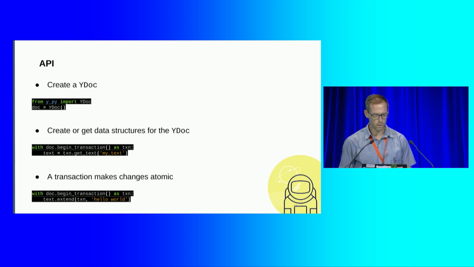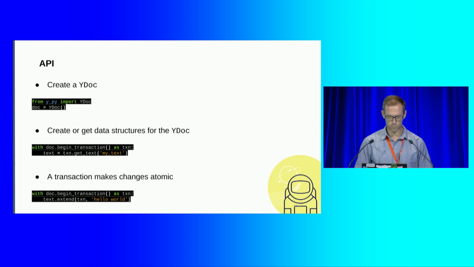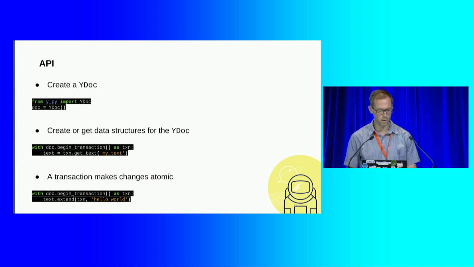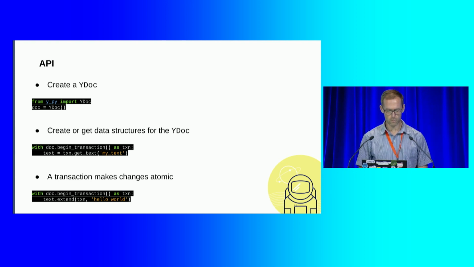And then we can make changes to this structure. So right now we are inserting the hello world string in it. And you can see that every change to the shared document has to be done through a transaction. That's why we have this context manager. And this ensures that every change to the document is atomic.